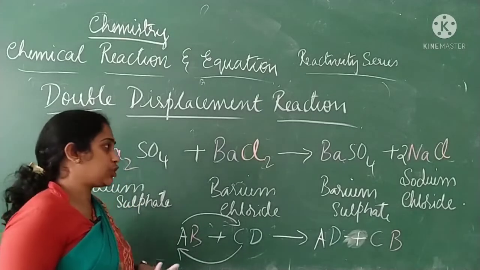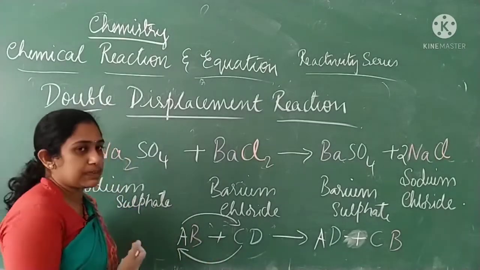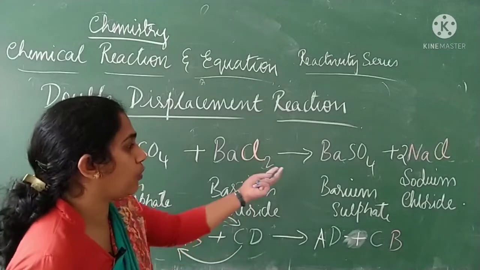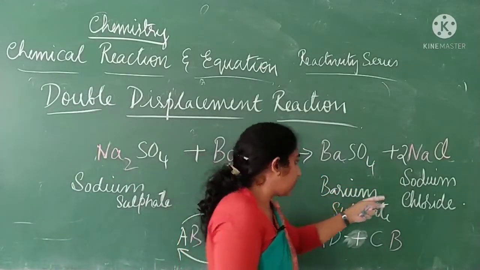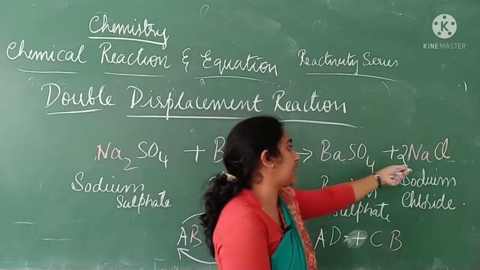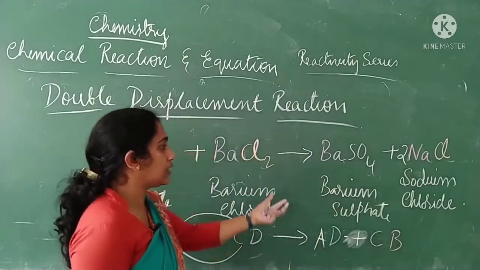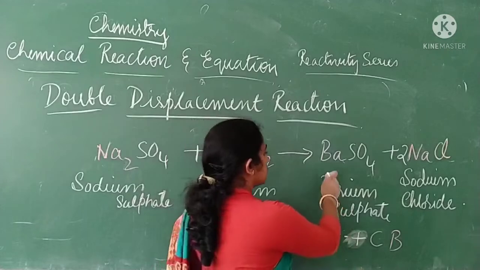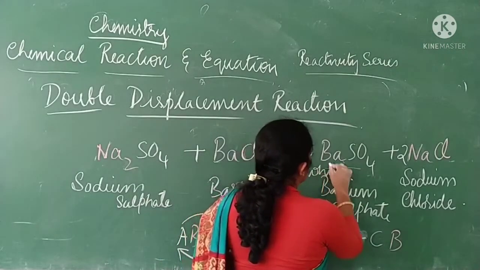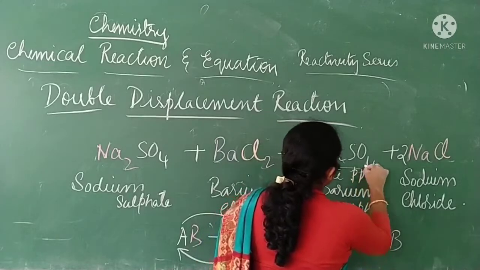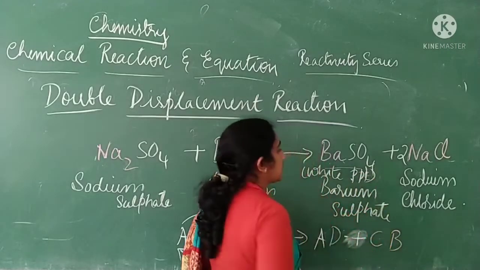When the two clear solutions are mixed together, we get two compounds, barium sulfate and sodium chloride. The product formed is a white colored precipitate of barium sulfate.